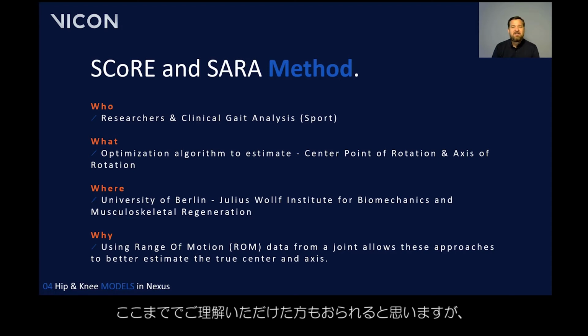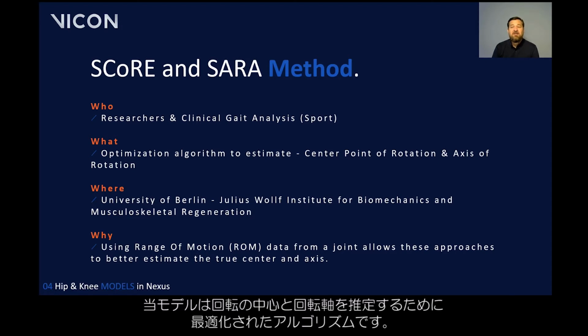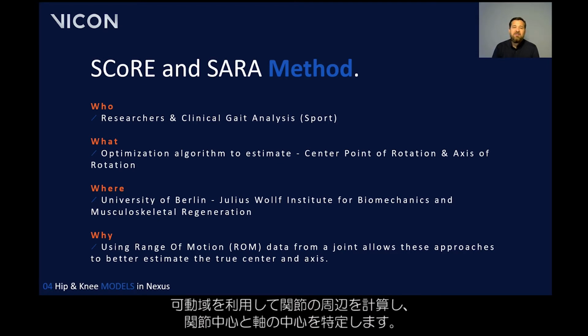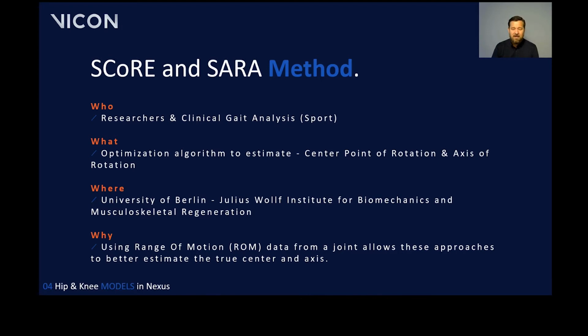So this is an optimized algorithm to estimate the center of rotation and the axis of rotation. It was originally implemented by the University of Berlin and the Julius Wolff Institute for Biomechanics. And it uses a range of motion around the joint to calculate the joint center and the axis.